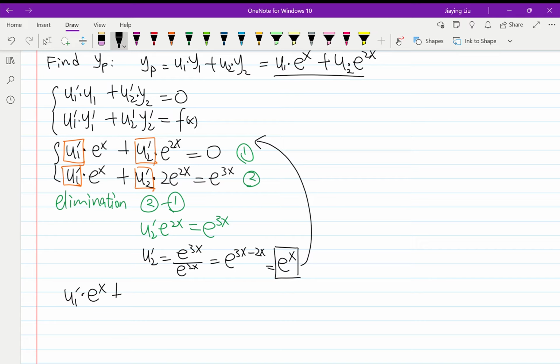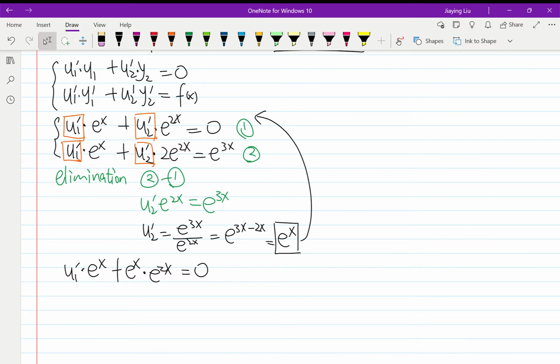I already solved for u2 prime, which is e to the x, times e to the 2x, which equals 0. Move the second term to the right, divide by e to the x, so I get u1 prime equals negative e to the x, e to the 2x, divide by e to the x equals negative e to the 2x.